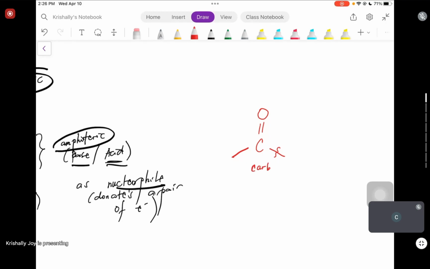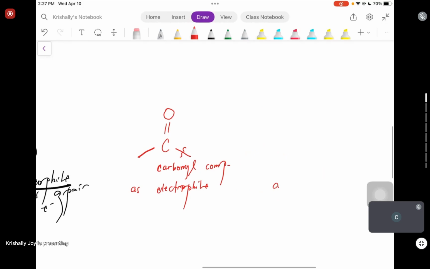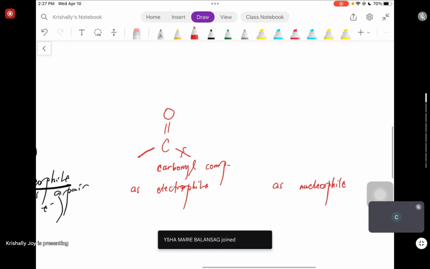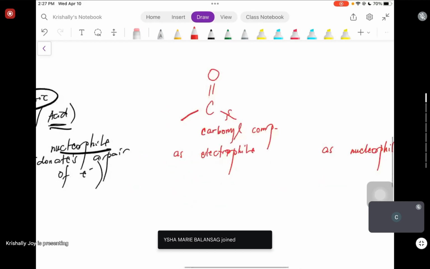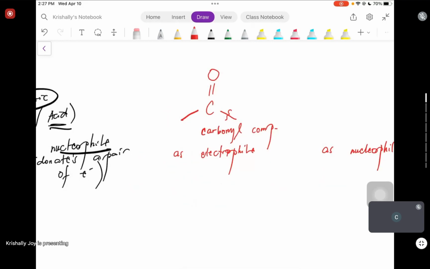For any carbonyl containing compound, pwede din sila could act either as electrophile or as nucleophile. So when will it act as an electrophile? When does it act as nucleophile?